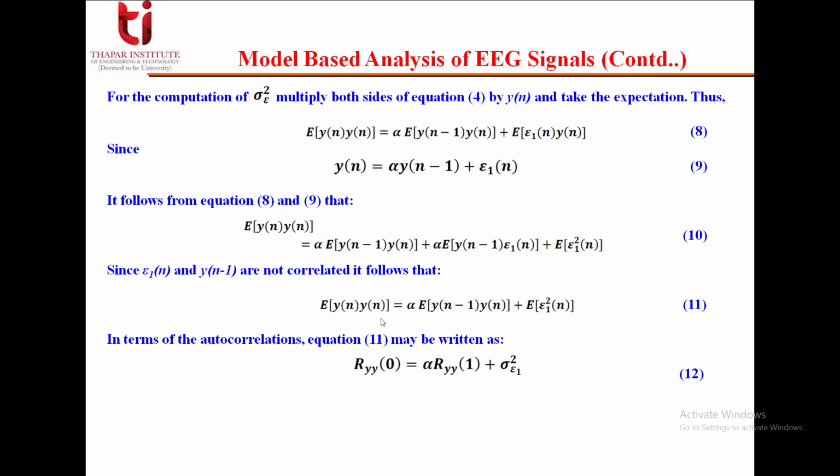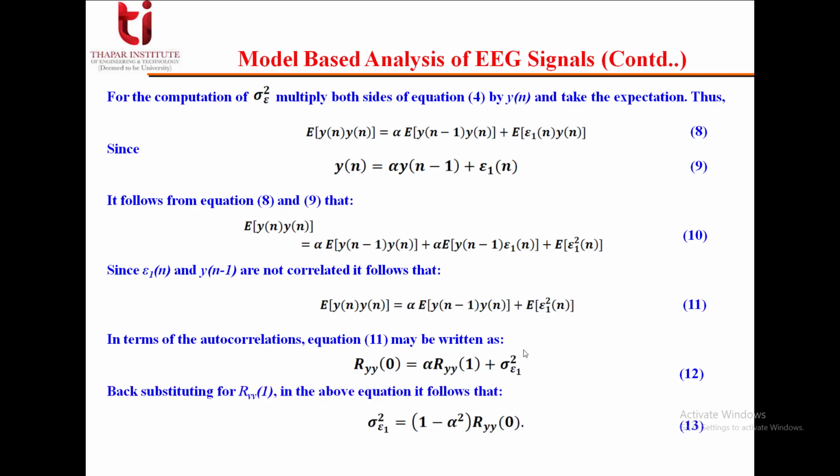In terms of autocorrelation, if I want to write, this E of yn times yn is nothing but, as I already mentioned, the autocorrelation at time lag 0. The first term after the equal sign is alpha times the autocorrelation at time lag 1, and this expectation of epsilon 1 square is nothing but the variance which I want to predict.